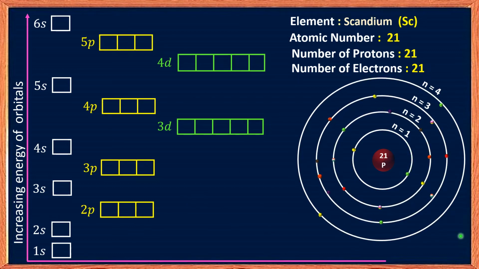See here, the first electron enters into 1s orbital. Second electron pairs up with this electron, that is 1s orbital is completely filled. Next 2s.